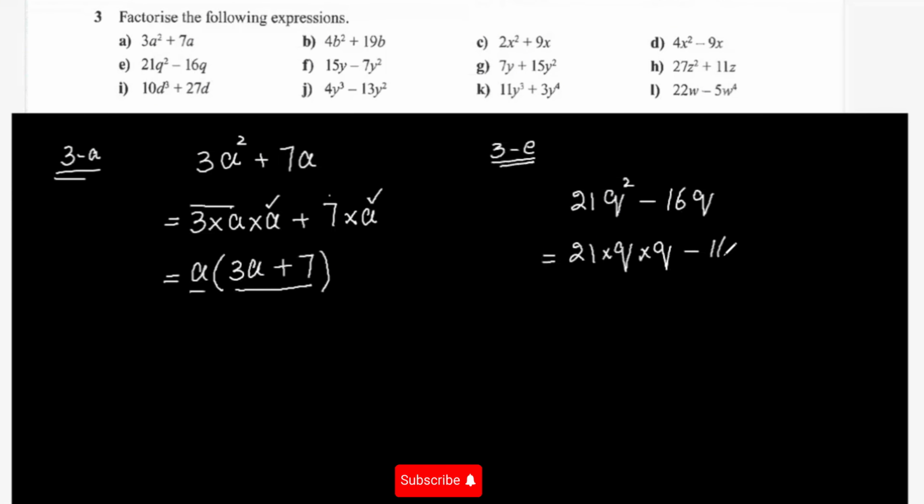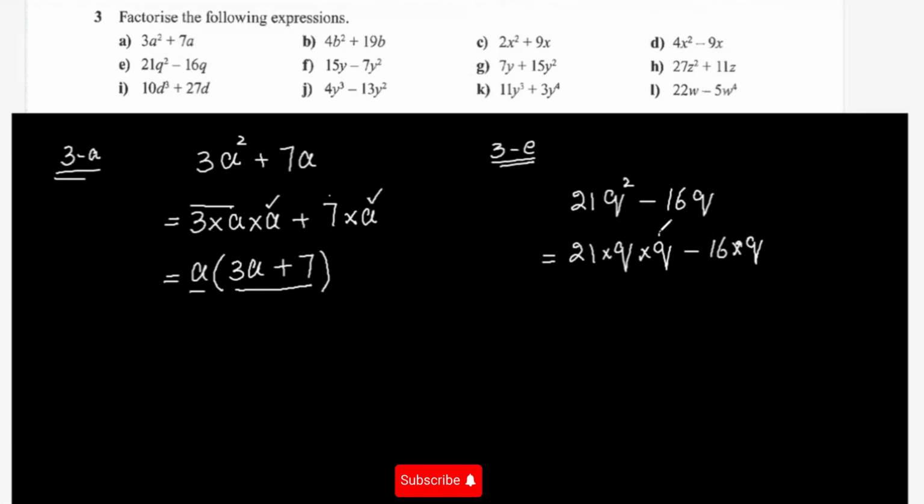The second is 16 times q. I am not writing 16 and 21 in the form of factors, because there is no common factor in these constant numbers.